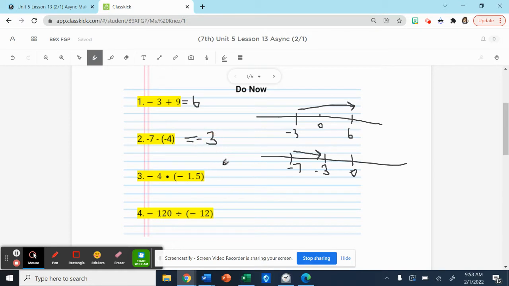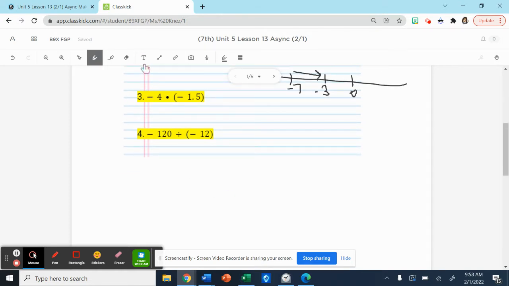The important takeaways to remember about multiplication and division are that when you multiply a negative by a negative or divide a negative by a negative, your answer is always negative. And so -4 times -1.5 is equal to +6. And I think I just said that backwards. When you multiply a negative by a negative or divide a negative by a negative, your answer is always positive.